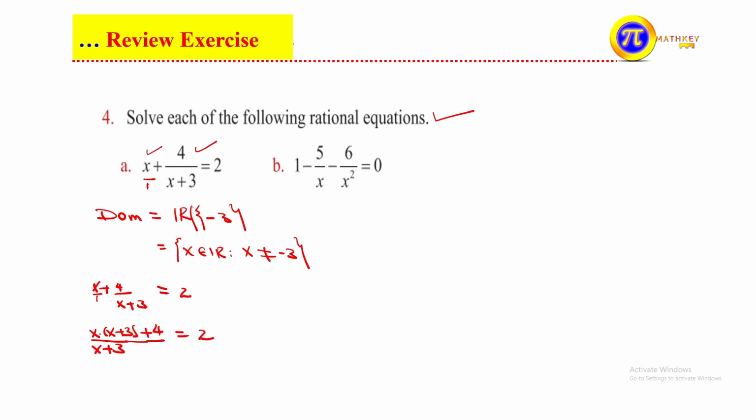After that, distribute this multiplication of x over addition. X times x is x squared plus x times 3, that is 3x, plus 4 over x plus 3 is equal to 2 ይሆናል. It is understood that over 2 we have 1 አለን ማለት. After that crisscross these results. ይህን result crisscross ስናደርግ ምን ይኖረናል?